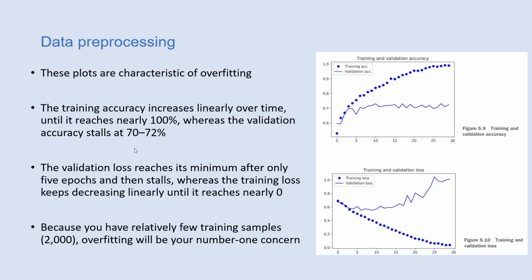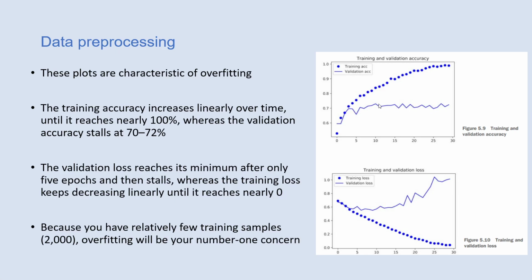One of the biggest problems in training neural networks is overfitting, especially when you have a small amount of data. Here is an example of how overfitting works, and you can see that in the second example from the references. Basically, you provide training data, and the neural network is going to be over-calibrated to fit that training data, so you can get close to 100% accuracy, while the validation gets stalled at 70% accuracy.